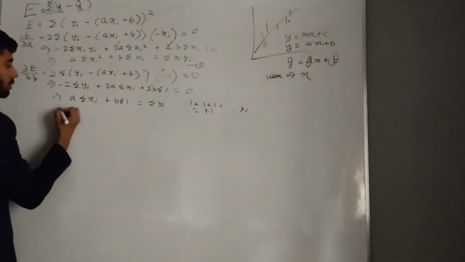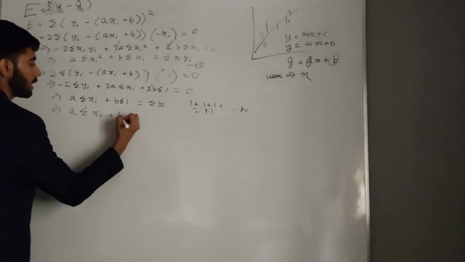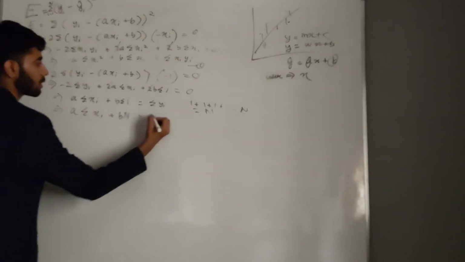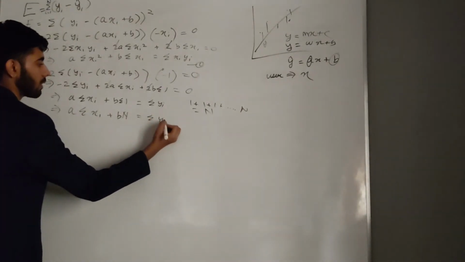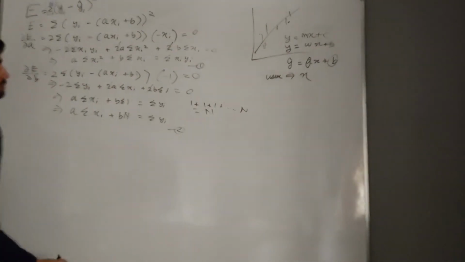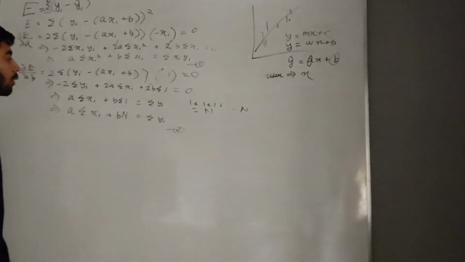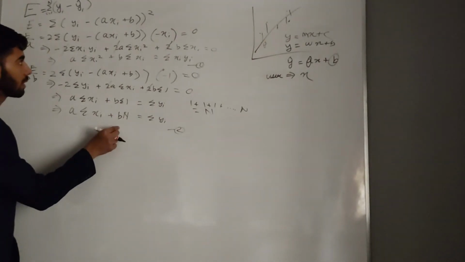Therefore I'm going to write this equation as a summation of xi plus bn, and that is equal to summation of yi. This is my equation number 2. Now using these two equations, I have to find the value of a as well as b.